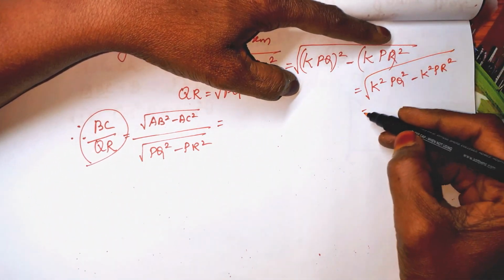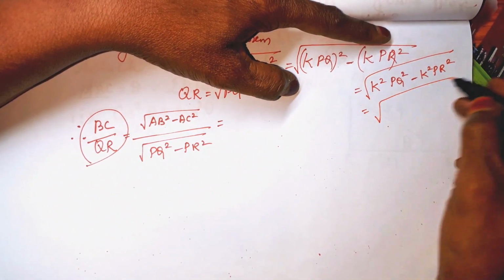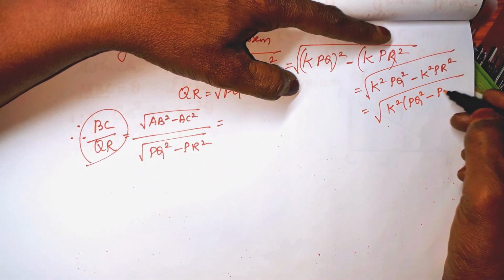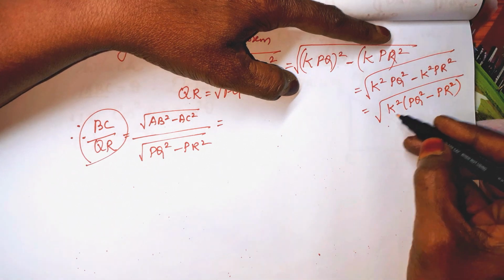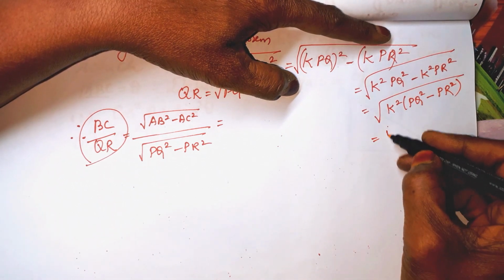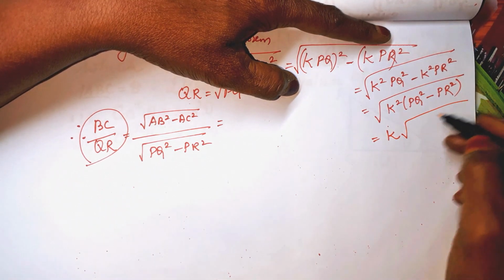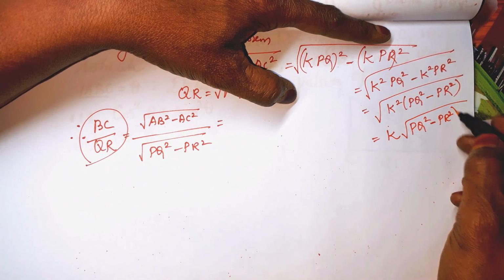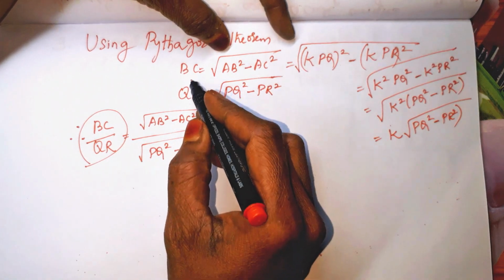Root of, okay, so K squared is common, so root of K squared into PQ squared minus PR squared. K squared we can take outside the root as K into root of PQ squared minus PR squared. This is what we are getting for BC.